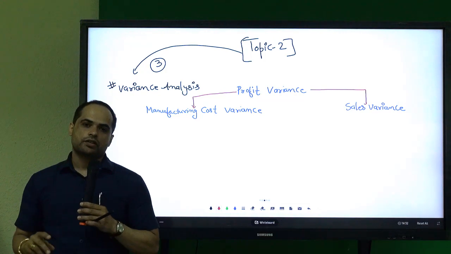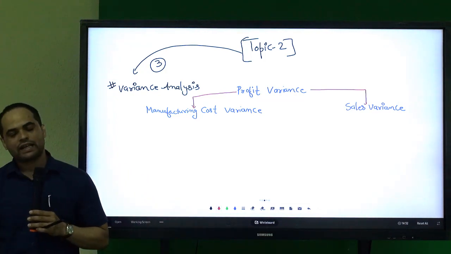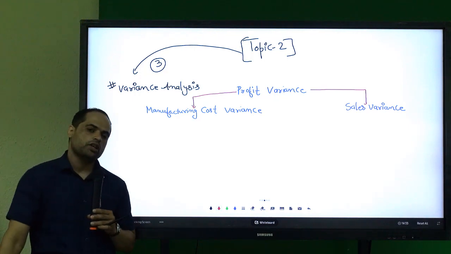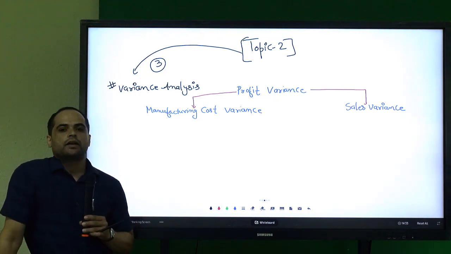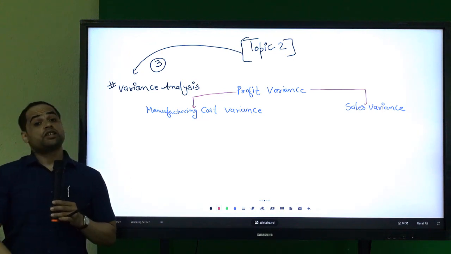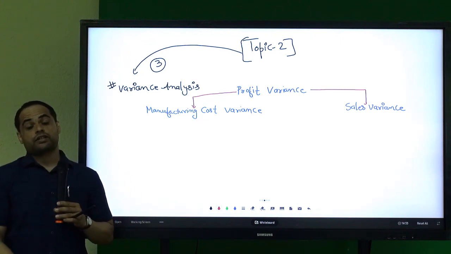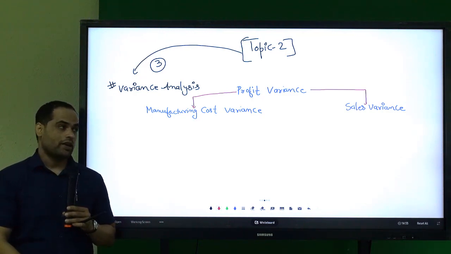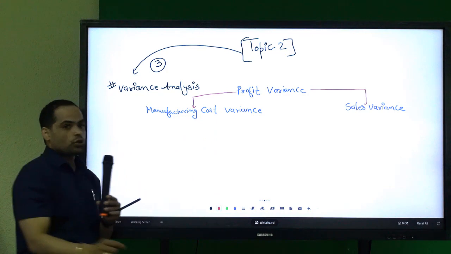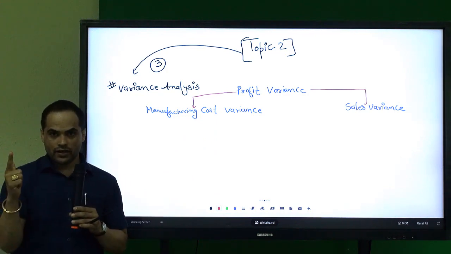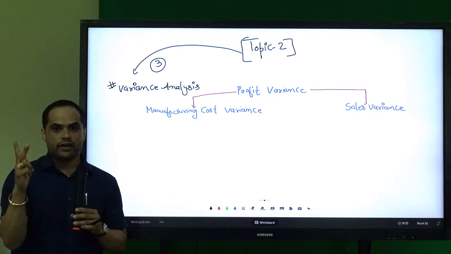As we studied in our BTech H&D program, manufacturing cost is a combination of three things, right? Direct material cost, direct labor cost, and overhead cost. So here we have direct material cost variance, labor cost variance, and overhead variance.